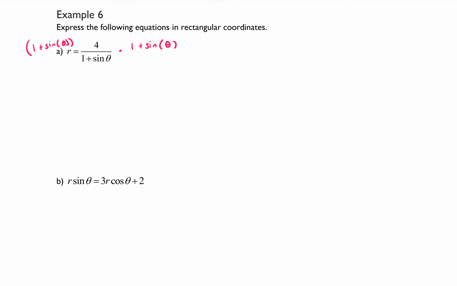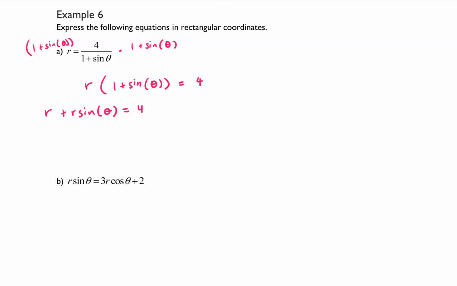And if I do that, the left-hand side of the equation would be r times 1 plus sine of theta, and the right-hand side would be 4. Now if I distribute the r, I get r plus r sine theta is equal to 4.